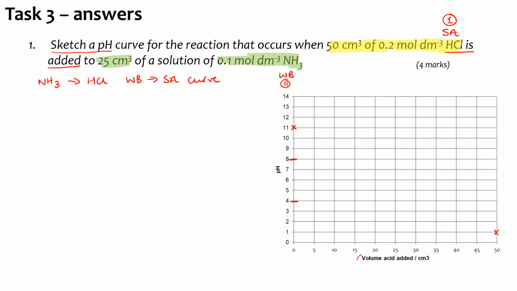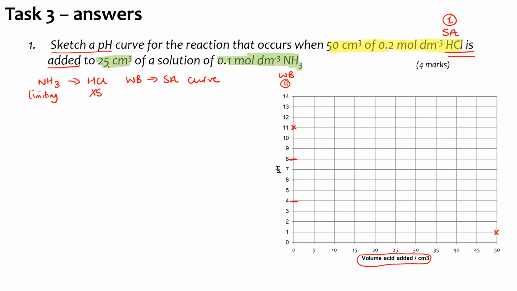And what it means is that they are wanting us to actually ensure that the equivalence volume is correct on this as well. Now, because we're ending up with the acid, it's the acid that's in excess. And that means our limiting reagent, and this is all tying together with year 1 calculations, our limiting reagent is the ammonia. So it's the ammonia that is going to tell us all of the information that we need.